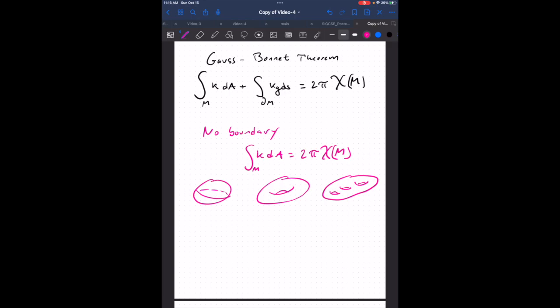No boundary, so we don't have this extra term. And again, there's this beautiful local to global property where this is saying add up, as you move around, compute the curvature at each point. And if we sum all those things up, that'll tell us something about this global property, the Euler characteristic.